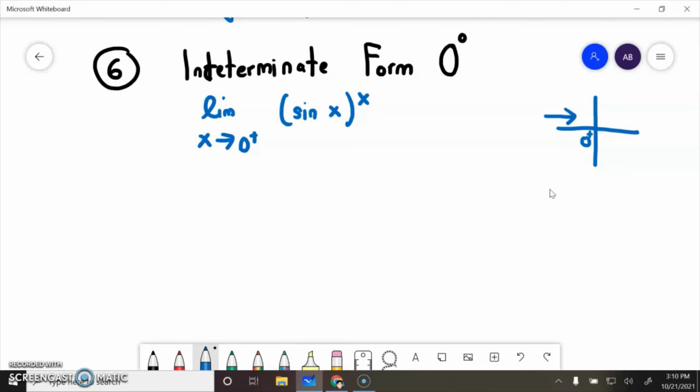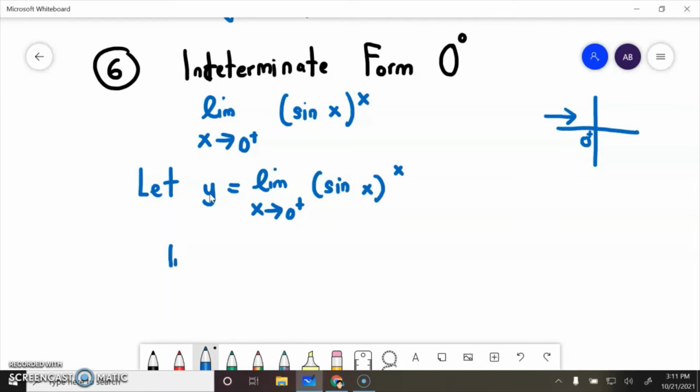So sine 0 is 0, so it is in the form 0 to the power of 0. What are you going to do here? We want to make sure it's in the form of a fraction, the indeterminate form. So I'm going to start with let y equal the limit as x approaches 0 positive of sine x to the power of x.